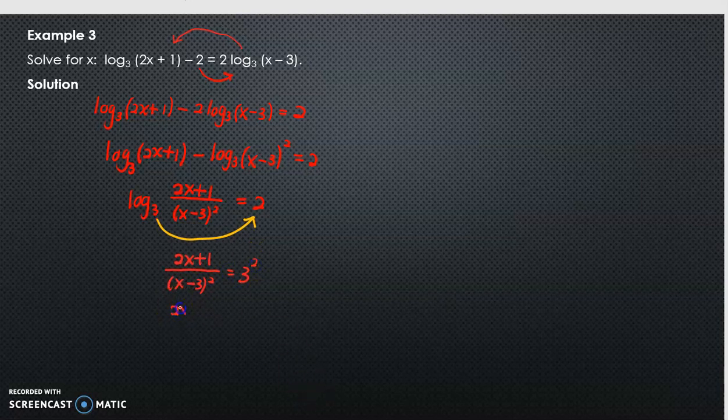So next, 2x plus 1 over (x minus 3) squared is equal to 9. Next, I multiply the denominator to the right hand side. So I will have 2x plus 1 is equal to 9 times (x minus 3) squared.